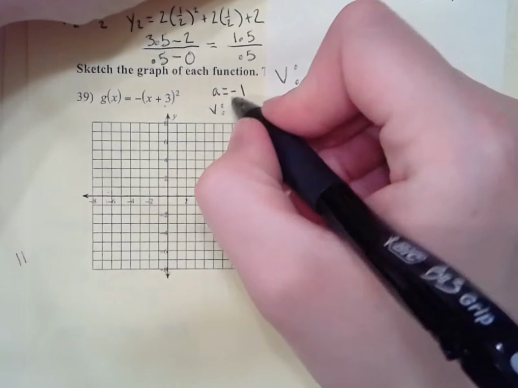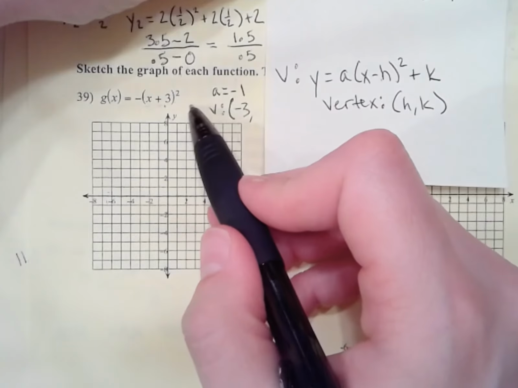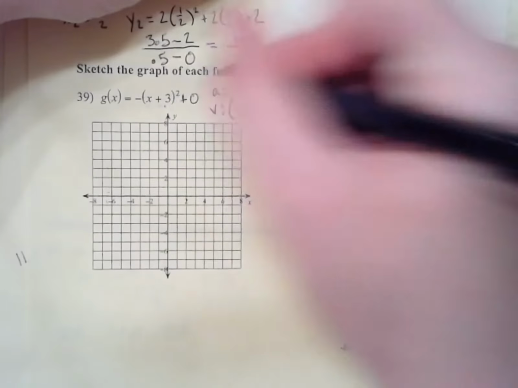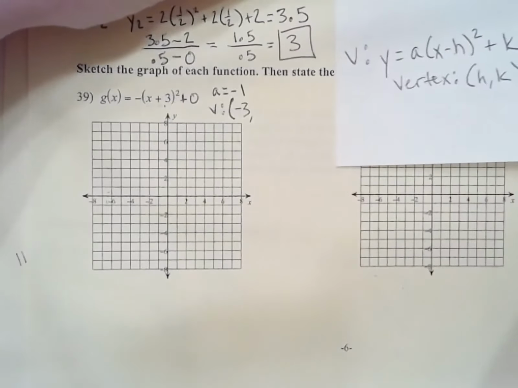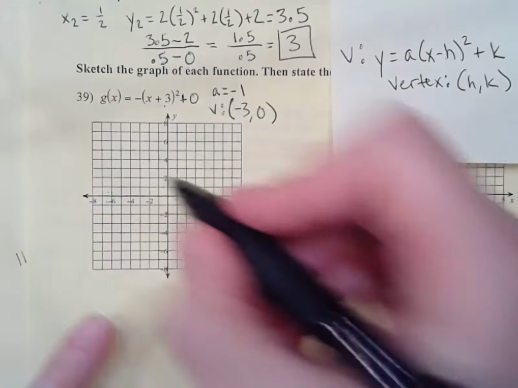So the x coordinate of my vertex, I take the opposite and it's -3. I don't have a plus anything out here, so that would be the same as if I wrote +0, so your coordinate is -3, 0.